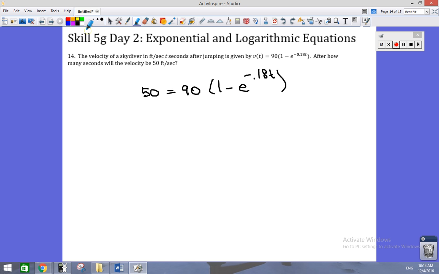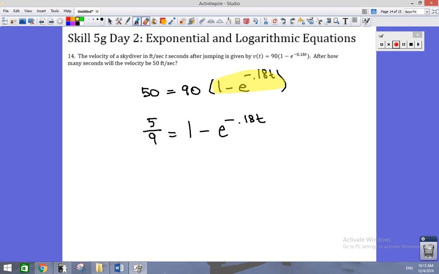On the right-hand side, the factor of interest has my variable, so I need to divide both sides by 90. Well, 50 divided by 90 reduces to 5/9 because a common factor of 10 cancels, and I have 1 minus e to the negative 0.18 t.